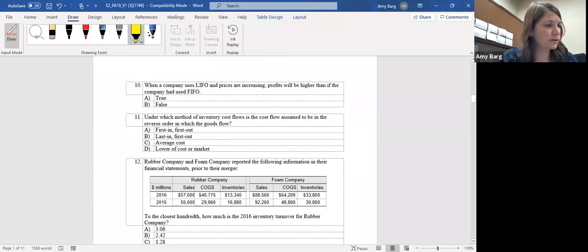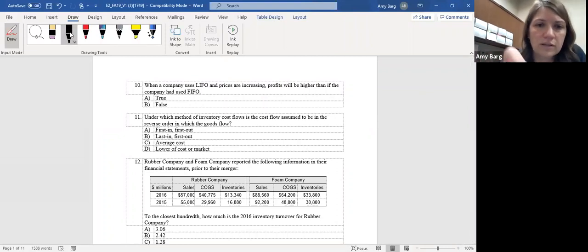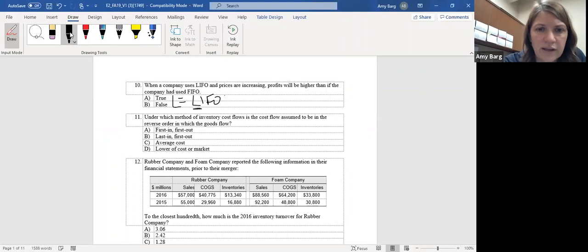All right, number 20. When a company uses LIFO and prices are increasing, profits will be higher than if a company had used FIFO. True or false? Well, so LIFO starts with an L. L is for LIFO, and it's also for lower net income.